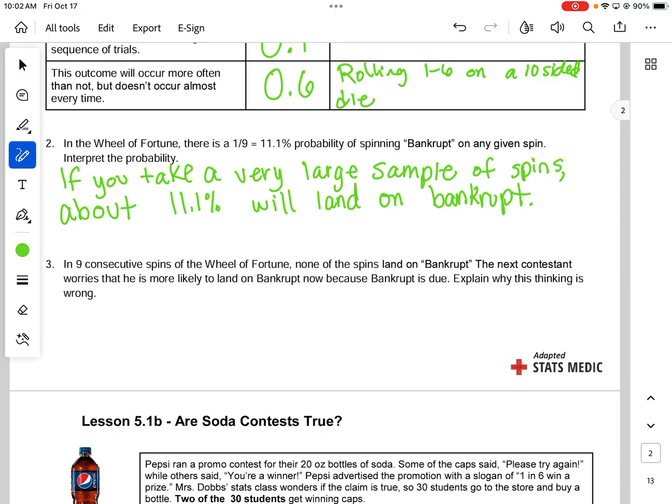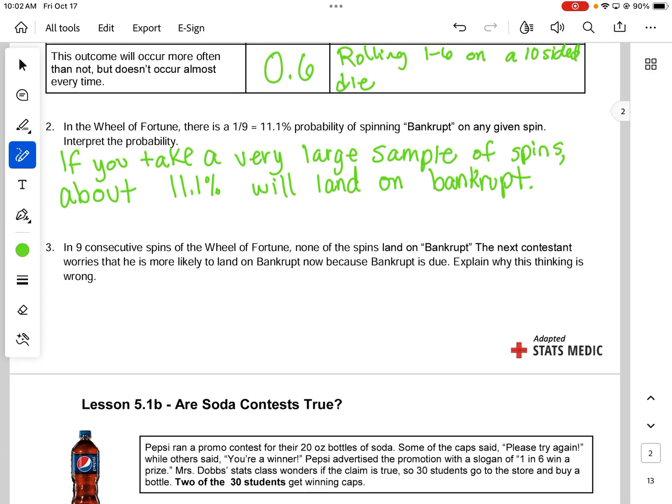So then in 9 consecutive spins of Wheel of Fortune, none of the spins land on bankrupt. The next contestant worries that he is more likely to land on bankrupt now because bankrupt is due. Explain why this thinking is wrong. It resets every time. Probability is what? Doesn't change. Yeah, it doesn't depend on anything else. It's independent, yes.